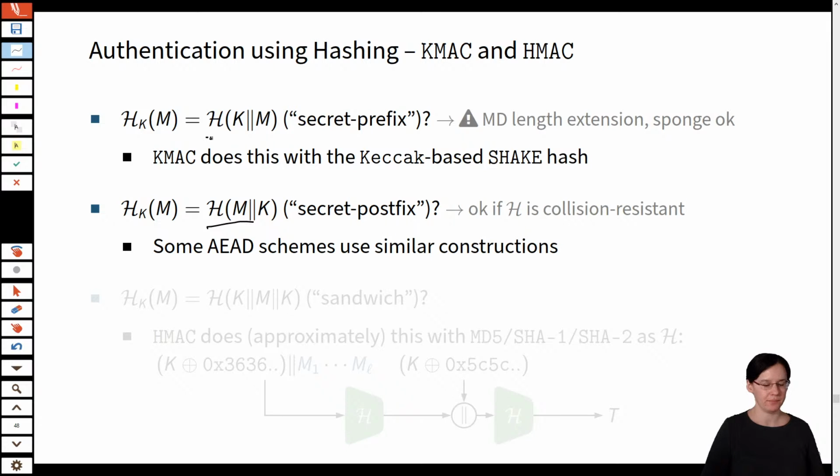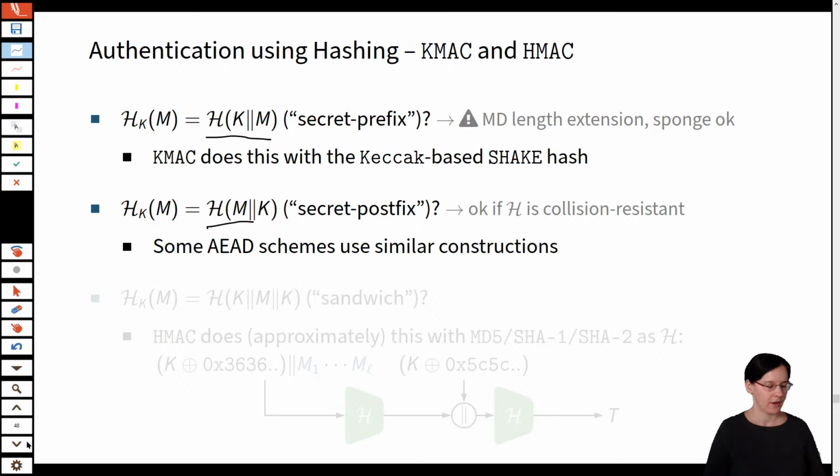Whereas in the prefix case, starting from the very first block, we already have a secret input, meaning starting from there, the attacker has absolutely no idea what's going on inside the cipher. So in particular, they cannot easily try to build things like collisions, which is the reason why these secret prefix MACs could potentially be made more efficient, because we don't have to be careful of collisions so much.